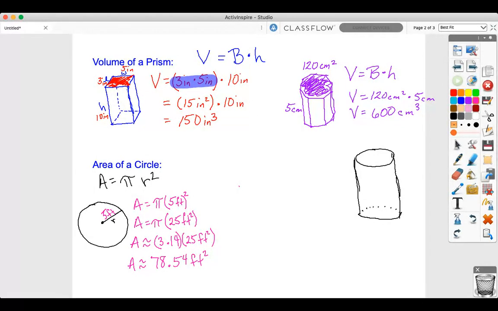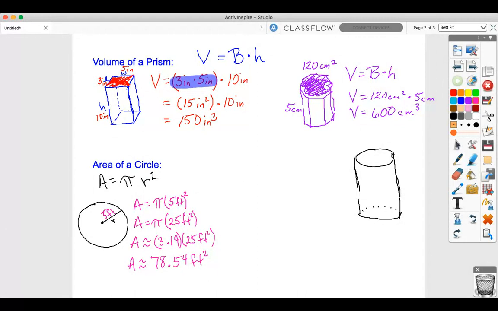Find an online calculator that has a pi button. They're called scientific calculators. Get something with a pi button. Borrow somebody's phone or something.